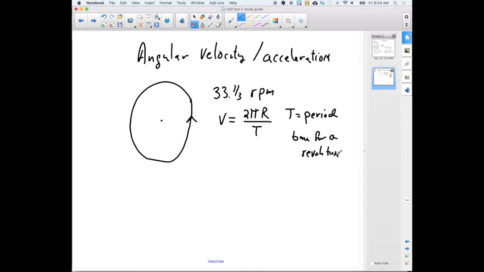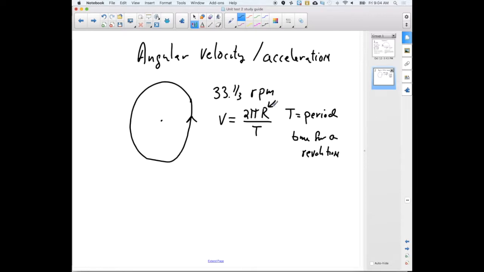One of the interesting things is that no matter where I am on the circle, I still make the same number of revolutions per minute. But if I want to figure out how fast I'm going, it's going to depend upon how far out on the circle I am. Right? Does that make sense?